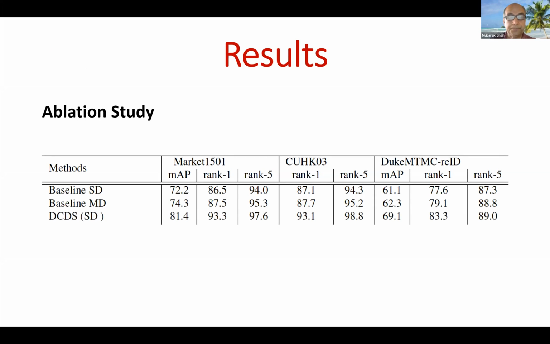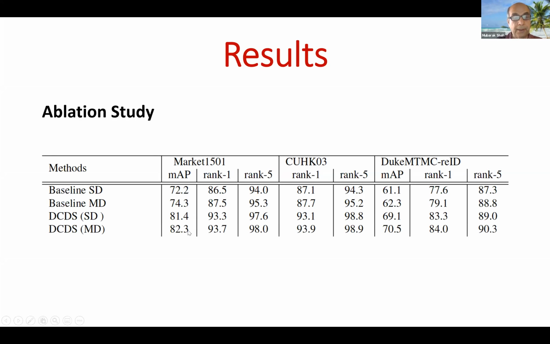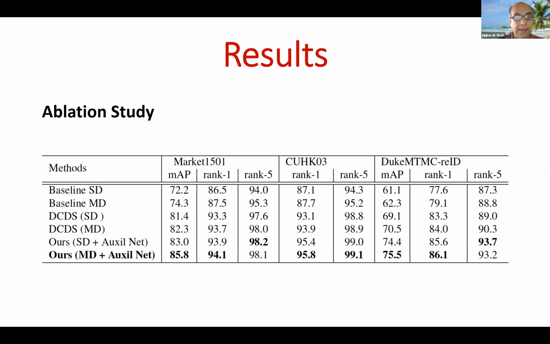When we apply the constraint dominant set on a single dataset, we get a huge improvement of 9%. Similarly, we get improvement on multiple datasets. Here, the auxiliary net improves further, and with multiple datasets and the auxiliary net, it goes from 70 to 85, which is very good.